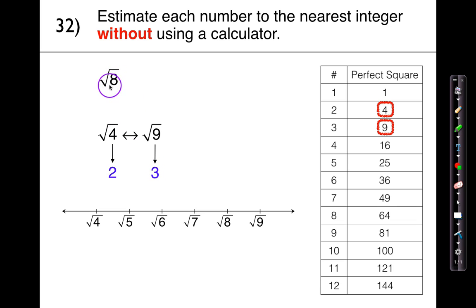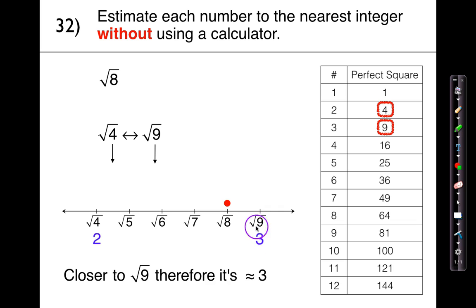Does square root of 8 fall closer to square root of 4, or does square root of 8 fall closer to square root of 9? Hopefully you can see here that it definitely is closer to square root of 9. So I'm going to say it's approximately 3. Why? Because the square root of 9 is 3. So I'm going to say it's closer to square root of 9, therefore it's approximately 3.